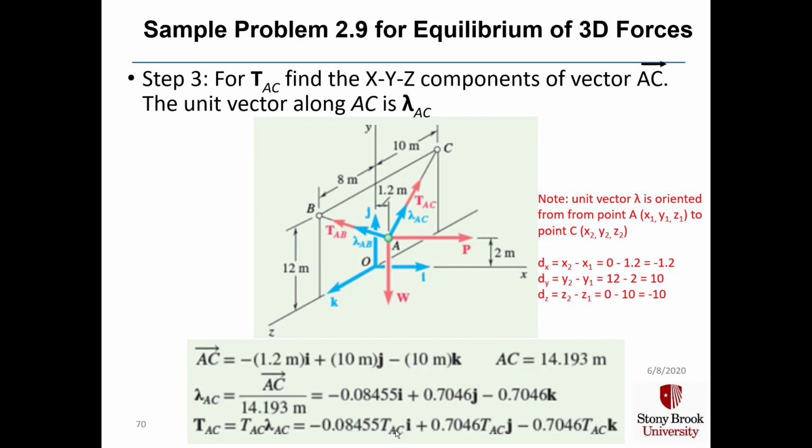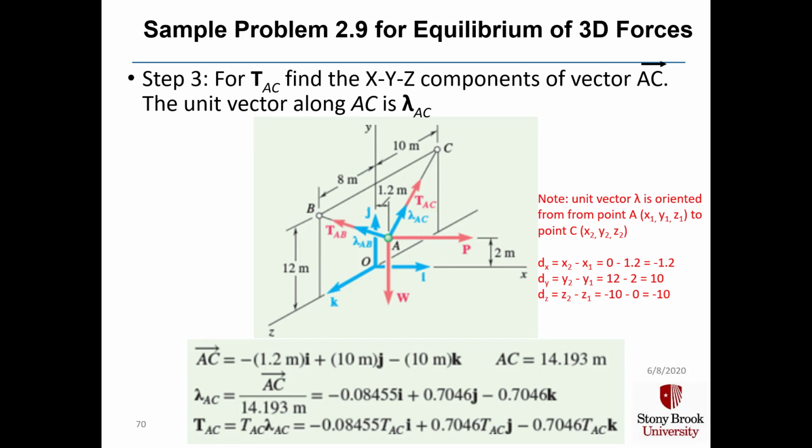For TAC, we use the same methodology to find the x, y, z components of vector AC that we did for vector AB. Note that unit vector lambda is oriented from point A to point C, which makes point C the x2, y2, and z2 point, and point A is the x1, y1, z1 point.